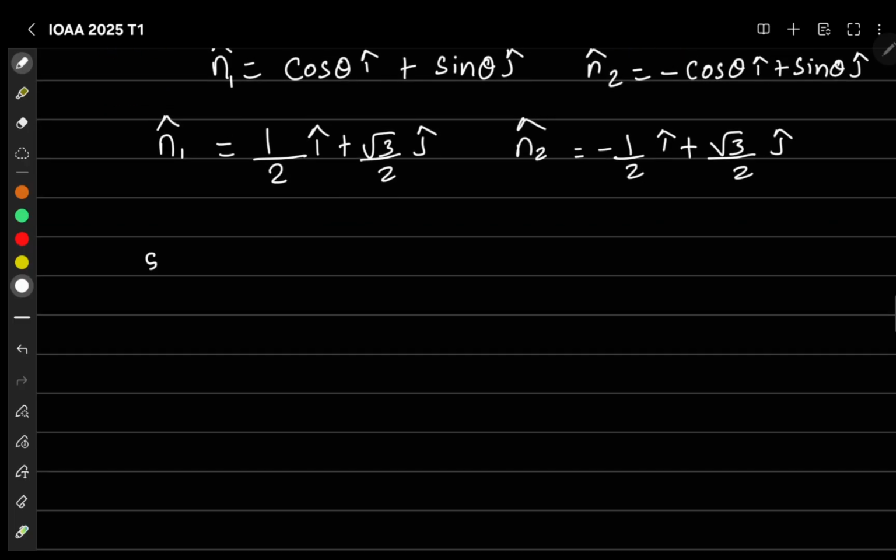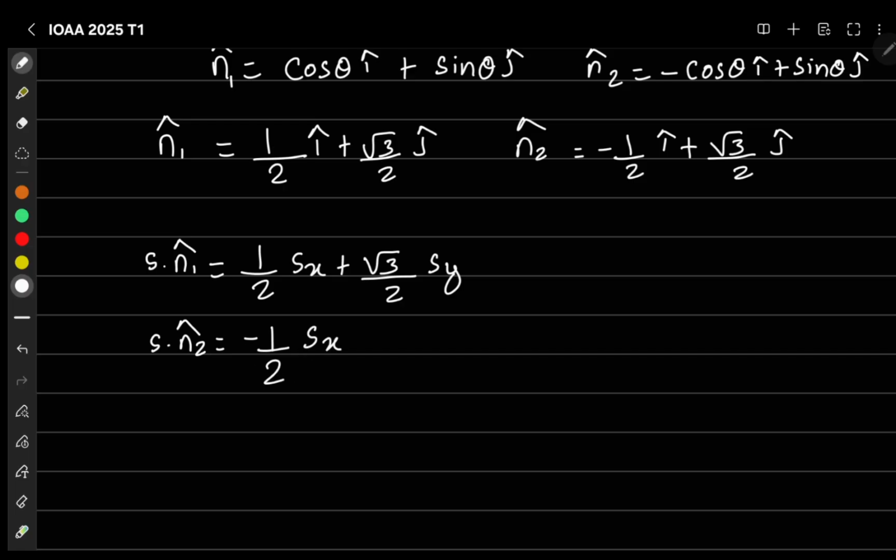Now s dot n1 would give me 1 by 2 sx plus root 3 by 2 sy. S dot n2 would give me minus 1 by 2 sx plus root 3 by 2 sy, right?